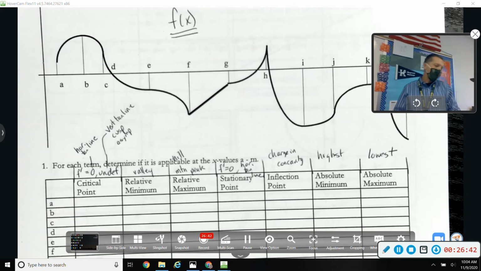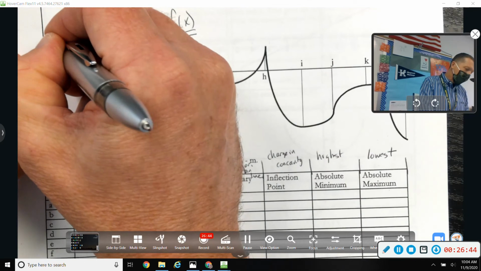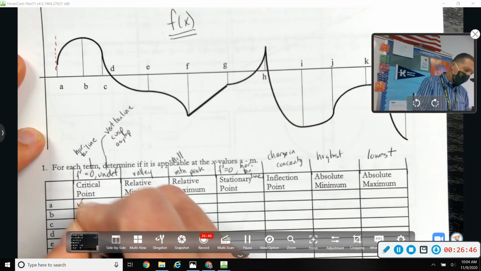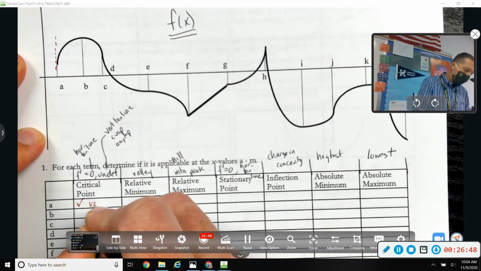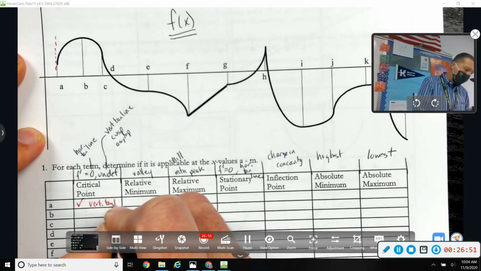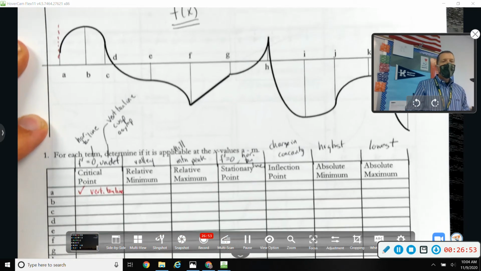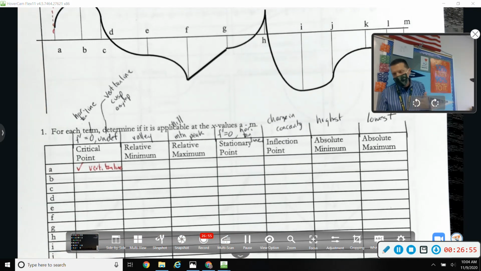If you look at that and you're thinking, that looks like a vertical tangent line to me, then yes, that's a critical point because of the vertical tangent line. You don't need to put a reason on the checkbox there, but if you're taking notes and want to look later, you might want to.